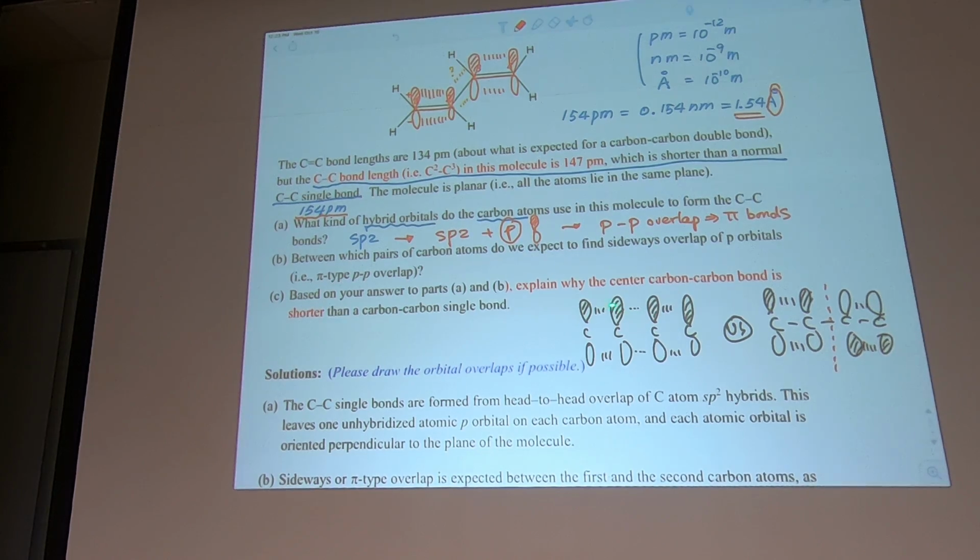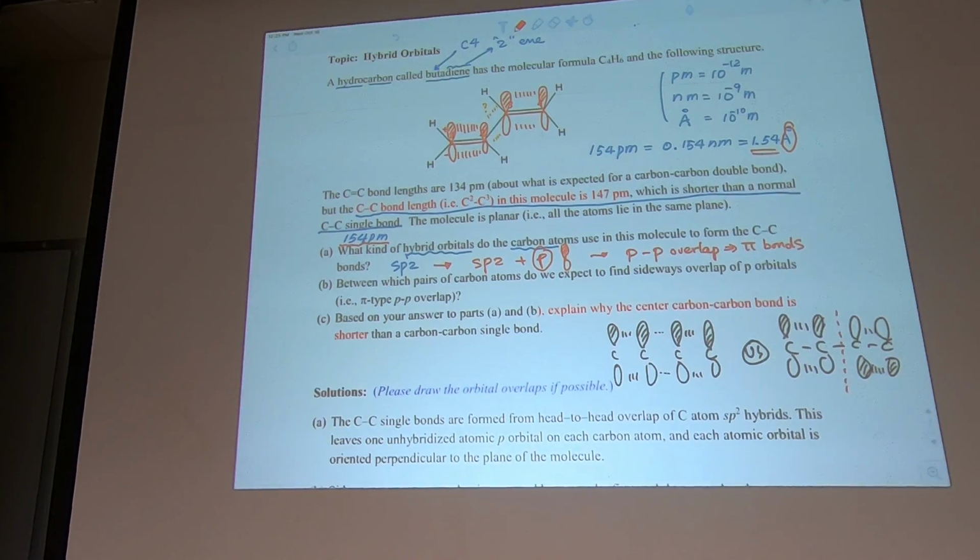I can maintain this one as a double bond, and this pi orientation can cause a sideways overlap, whereas in the other arrangement, it cannot. So this bonding is weaker than the bonding you saw between 1 and 2 and 3 and 4. That's another reason they are different, if you want to know a little more detail. This is what's called molecular orbital theory, which the organic chemistry class will cover in more detail. Okay, any questions? Can I move on?